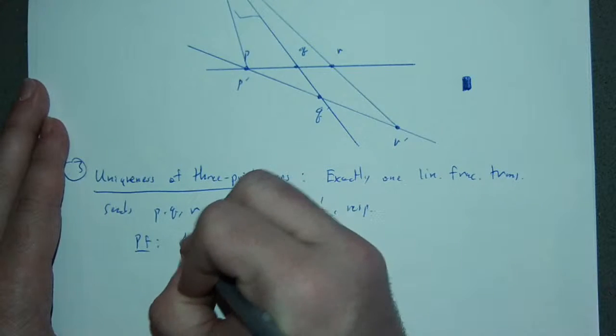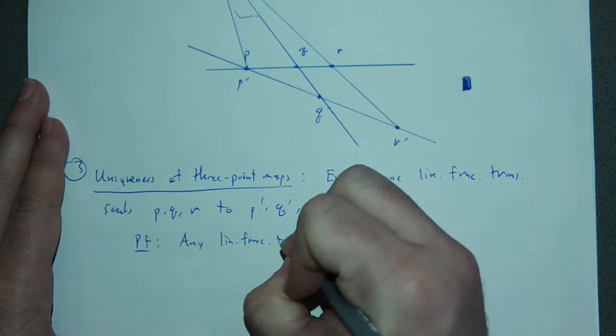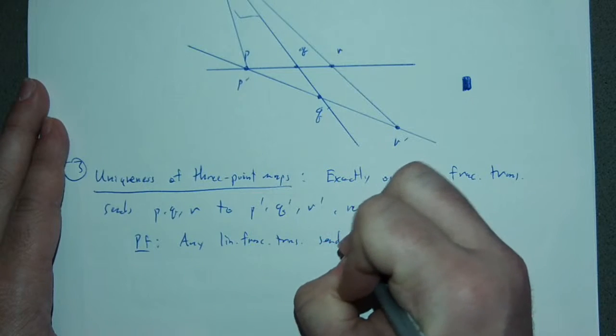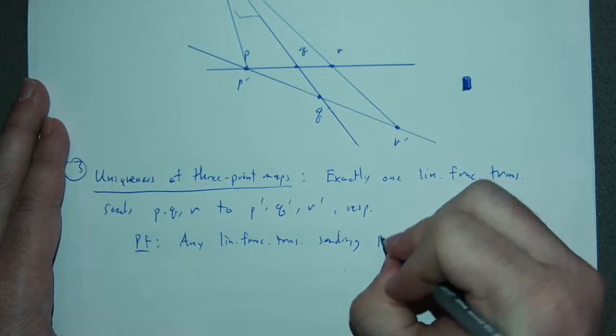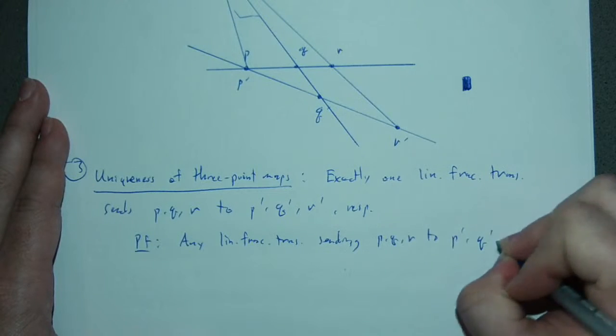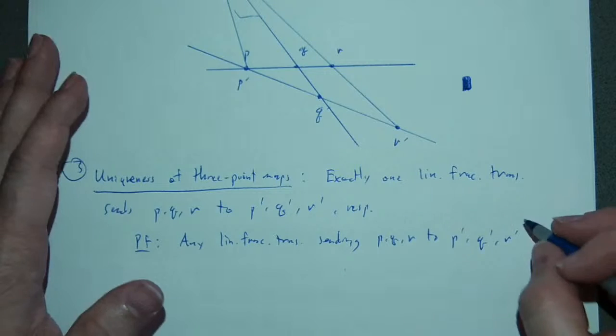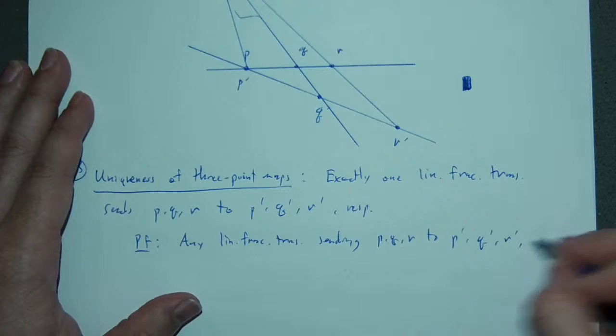Well, we'll say any linear fractional transformation sending P, Q, R to P prime, Q prime, R prime must also send any X to X prime having the same cross ratio. Right?